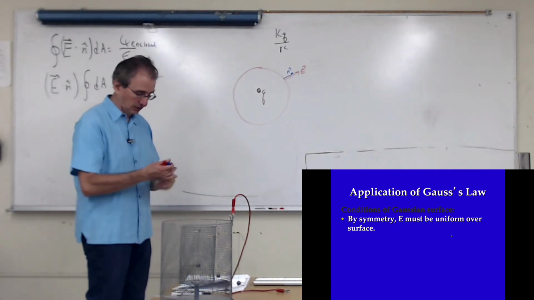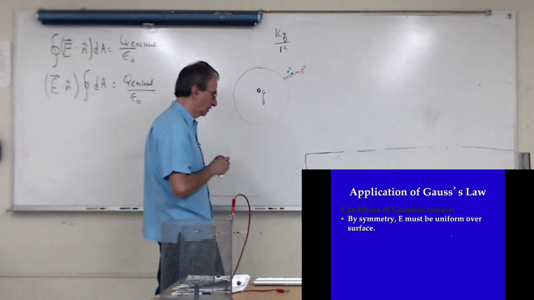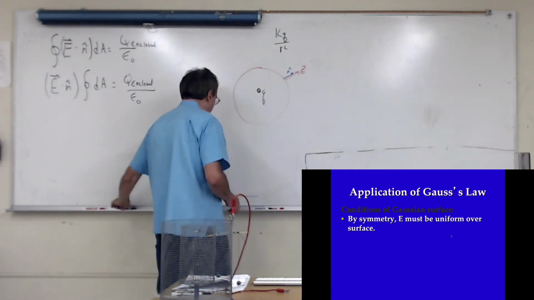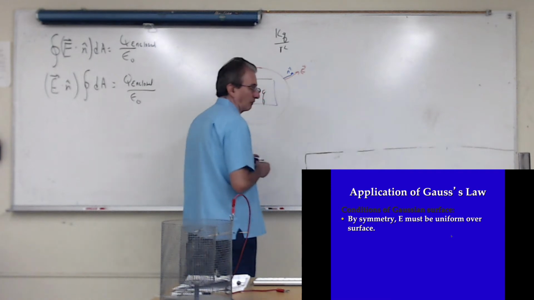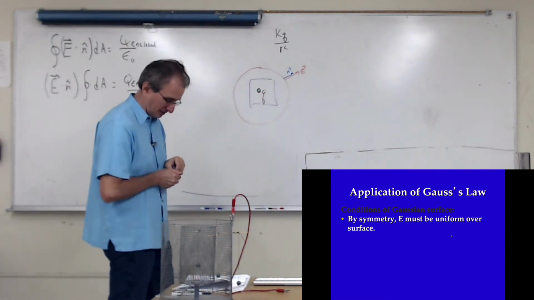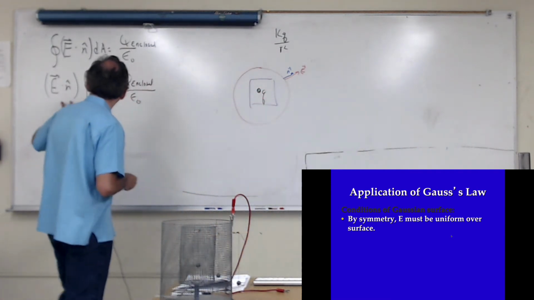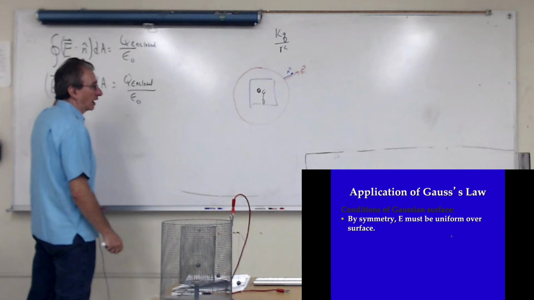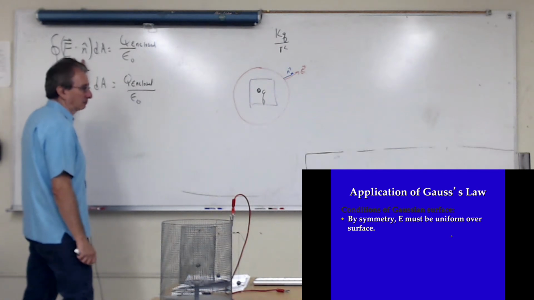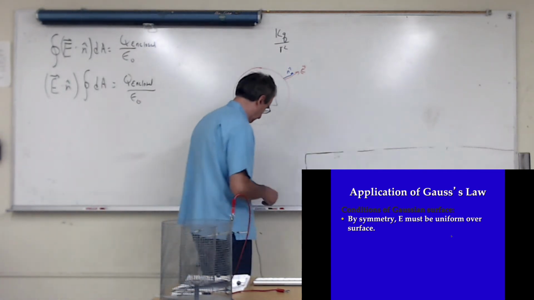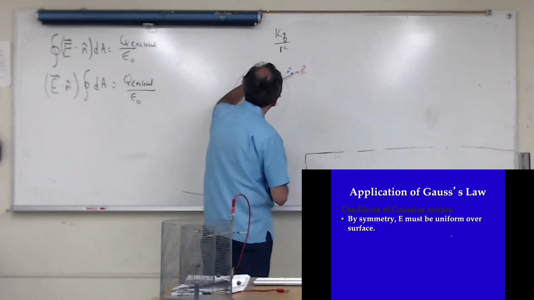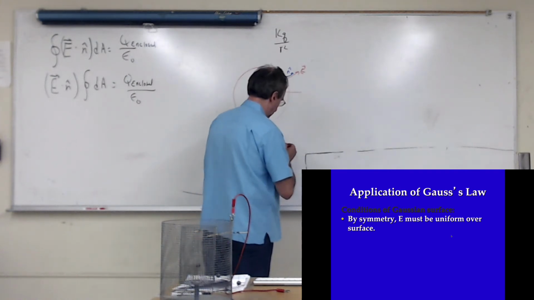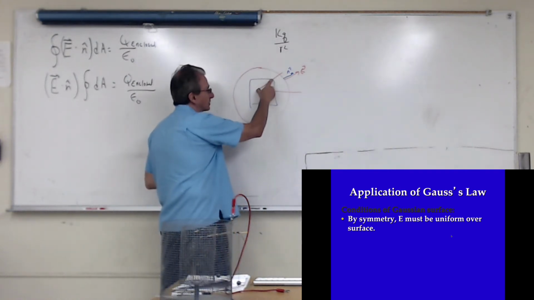I draw. If I do something crazy and pick a box for my surface, then this dot product is not going to be constant over that whole box. Because if I draw my field lines, just look at this distance compared to this distance.